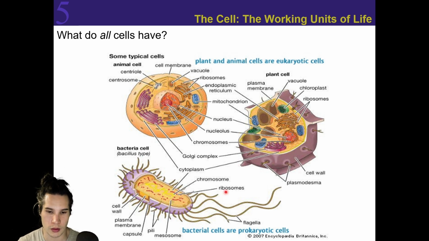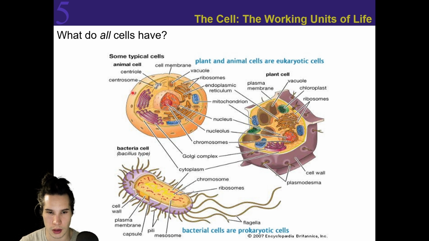You're also going to have ribosomes, both in prokaryotes and animal cells and plant cells. You're going to have cytoplasm in all of them, so that juice within that cell, that pulpy juice, you're going to find that in prokaryotes and eukaryotes, including animal cells and plant cells.